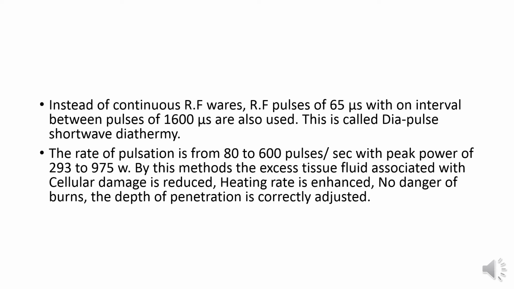By using this method, the tissue fluid association with cellular damage is reduced, and the heating rate is enhanced. So there is no danger of burns, and the depth of penetration is correctly adjusted.